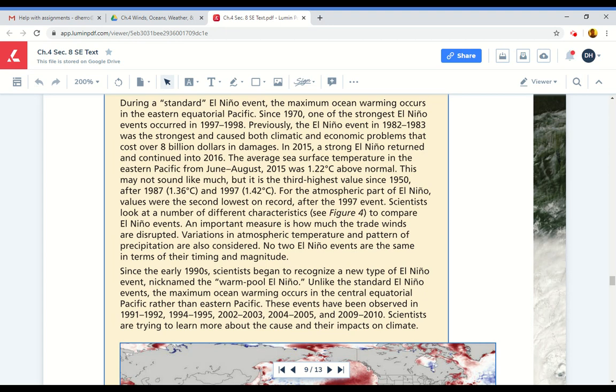The average sea surface temperature in this eastern Pacific from June through August 2015 was 1.22 degrees Celsius above normal.